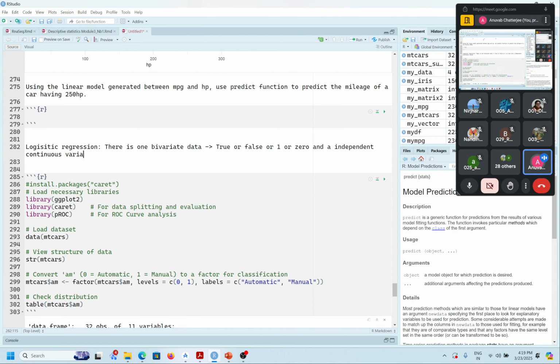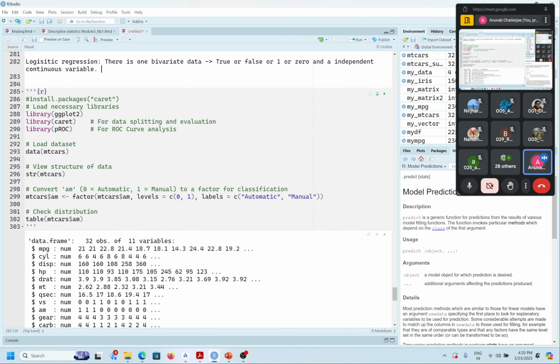In the previous case we had two continuous data points, and in this case we have one bivariate data, true or false, and an independent continuous variable. So like, are you going to pass or fail depending on the marks you are getting? Can you make a regression model depending on that? So here we have done just that.